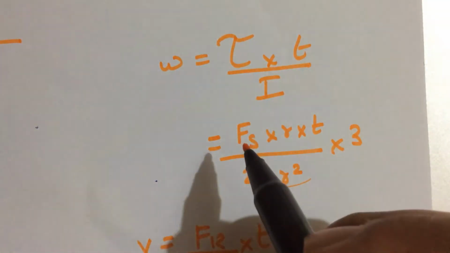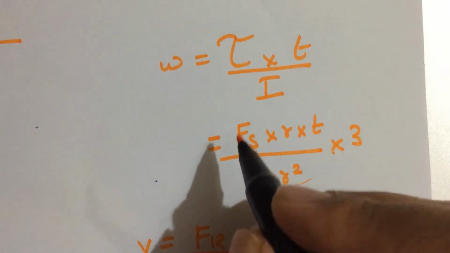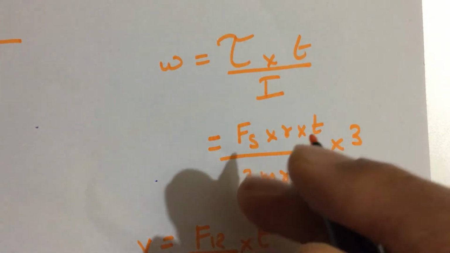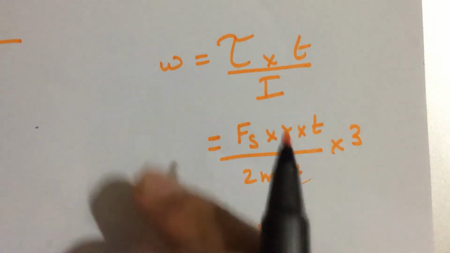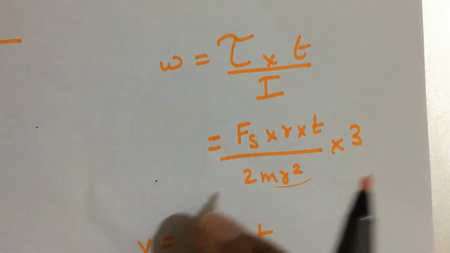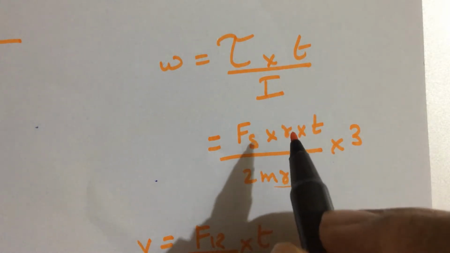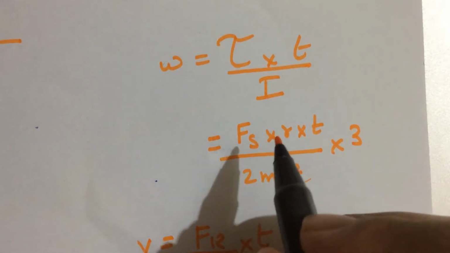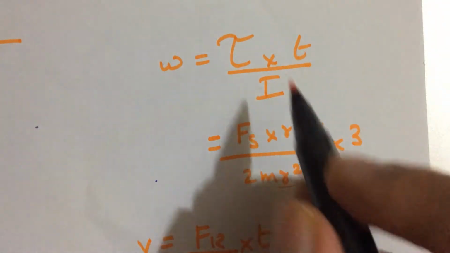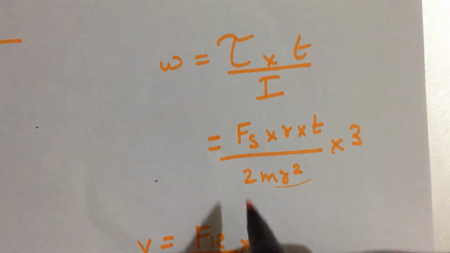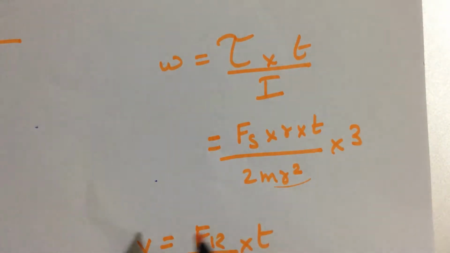So simply plugging in what torque is: Fs, the force created by spinning the football, into the radius, the distance between the force and the center of the football, into the time of contact, the same t, into 3, we got the 3 on the top, upon 2 mr square.